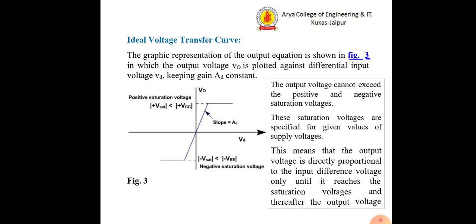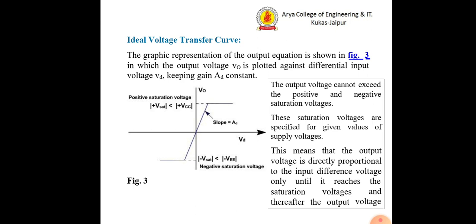Here we can see that output voltage VO is plotted against the differential input VD, keeping AD constant. What we observe from this ideal voltage transfer curve is that the output voltage cannot exceed the positive and negative saturation voltages.